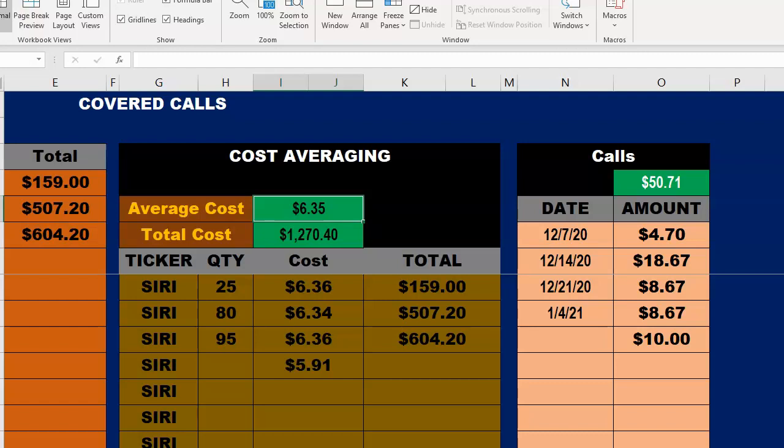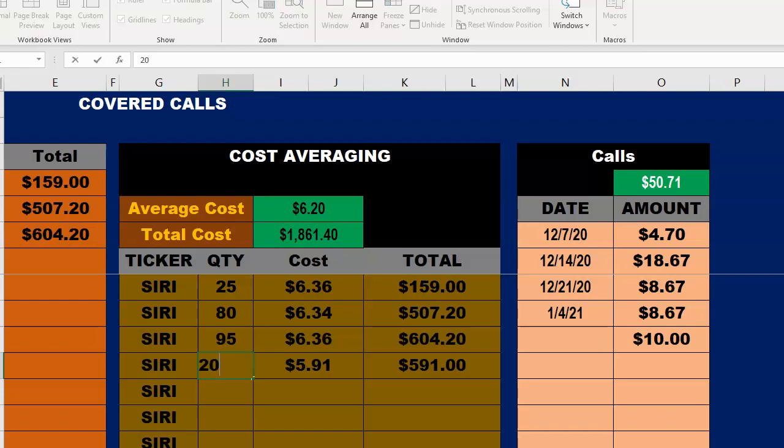But if this is a regular broker account, you can come in here and say, okay, if I buy 100 shares at $5.91, it's going to drop your cost basis to $6.20. You can still do the math here and say, okay, I have 300 shares now. I could sell the $6 call, get $25 each, which is going to be $75. And this number you can play with. You can see how much it's going to cost you depending on how much money you have.